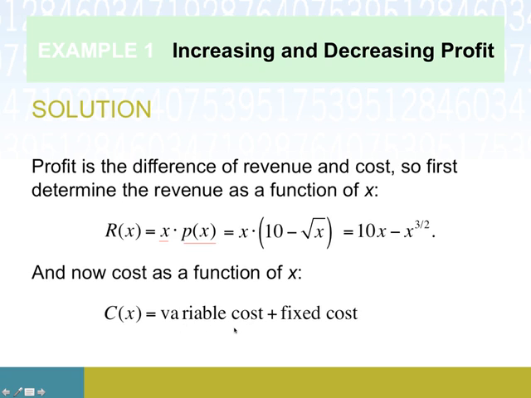Sometimes one of them is way more complicated and this isn't super helpful, but there's usually a cost associated with the actual production of the items. Sometimes that's just a number times x. Sometimes it's more exciting, and then there's usually some kind of fixed cost, some kind of overhead that they have to pay no matter how many items they produce. So this might be leasing a facility or buying machinery or paying for supervisors or labor, that sort of thing.